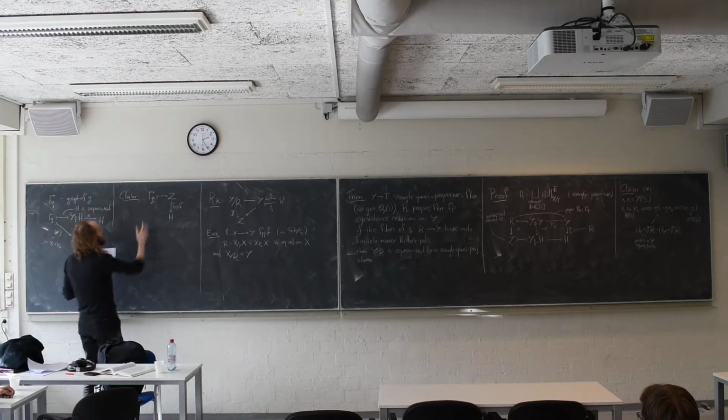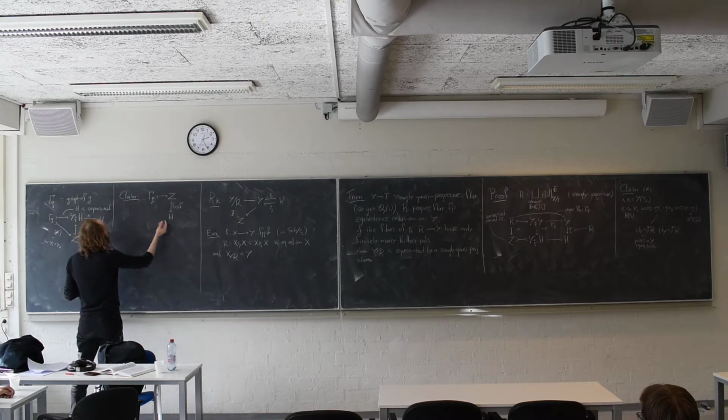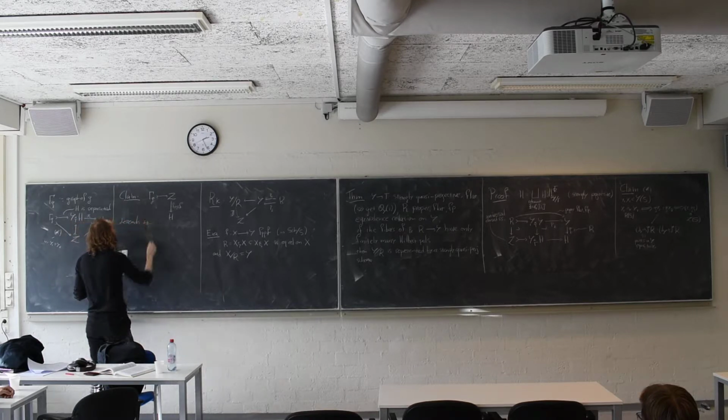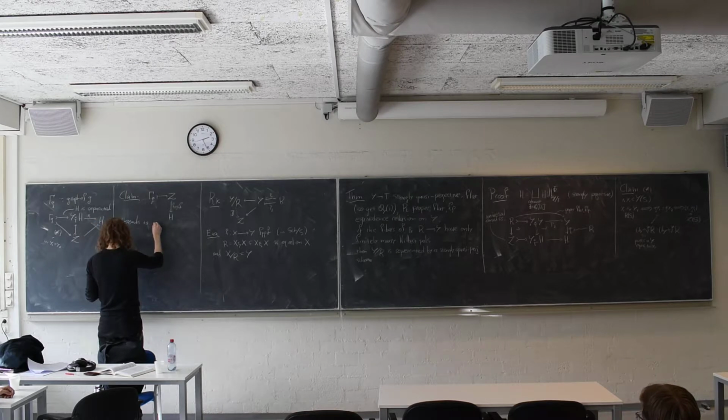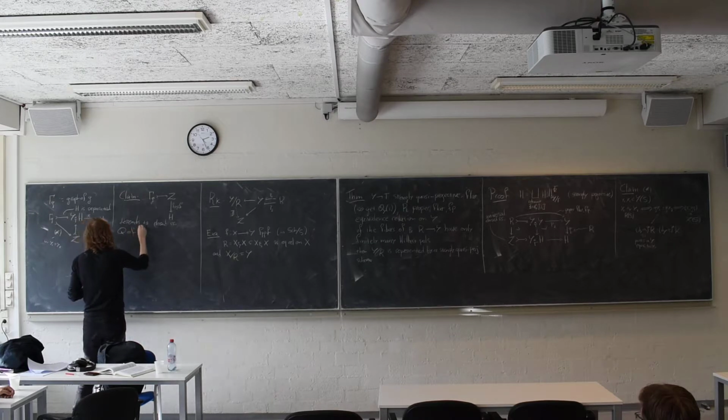And the claim is that this gamma G descends to a closed subscheme Q of H.